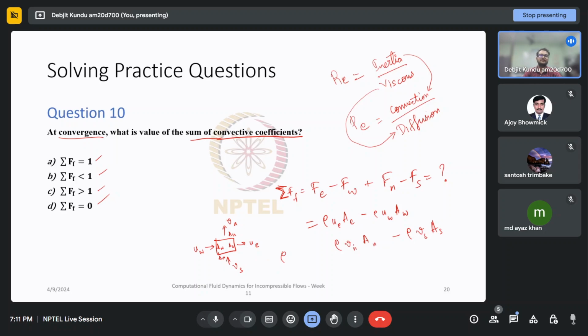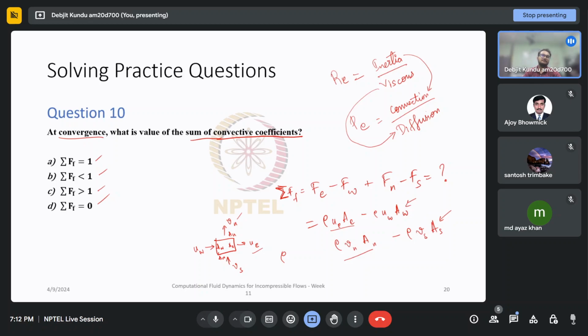So physically, what does this summation mean? See, if you look at this, UE and Vn, these are the velocities carrying flux out of this control volume, right? So this is going out of this control volume, and these two are coming into the control volume.